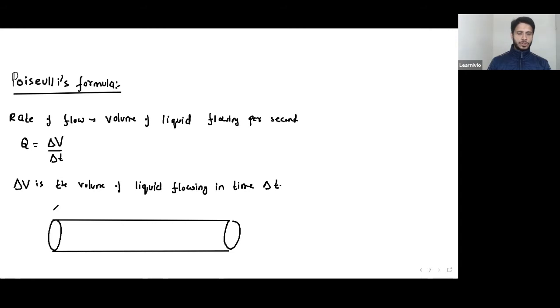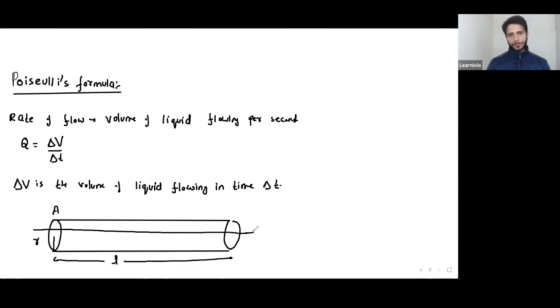The area of cross section of the pipe is A. Radius of the pipe is R. Length of the pipe is L. Say a liquid is flowing through the pipe in this way. This is the liquid flowing through the pipe. This liquid is exerting a pressure P1 over the pipe. This liquid is exerting a pressure P2 over the pipe.